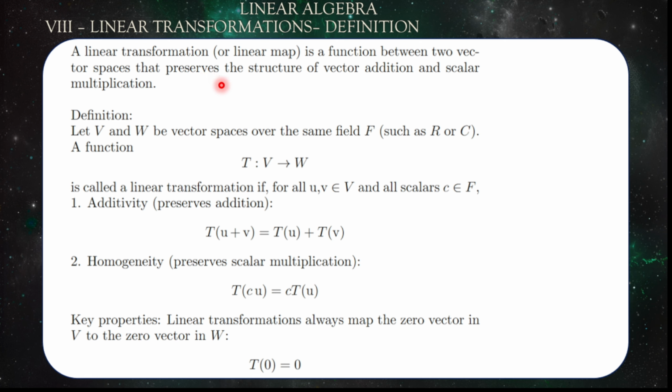A linear transformation, or linear map, is a function between two vector spaces that preserves the structure of vector addition and scalar multiplication.